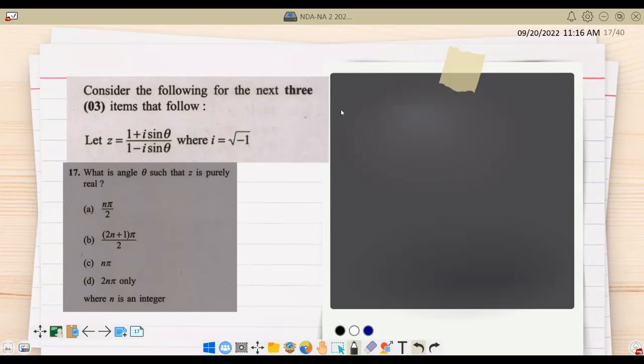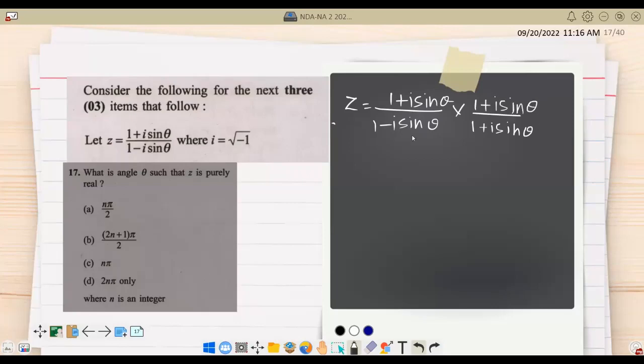First, z equal to (1 plus i sin theta) divided by (1 minus i sin theta). Take the conjugate, so you multiply by 1 plus i sin theta on both.